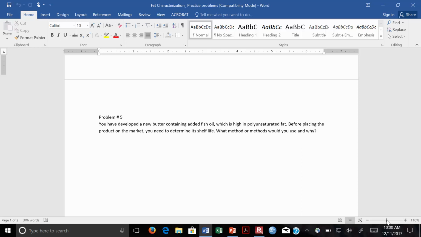So any one of those you can pick. You don't have to list all 3 tests. Pick the one that you're comfortable with as long as you explain it well. And you mentioned that you take out a sample and measure peroxide value to determine the induction period. Okay, so the last one.